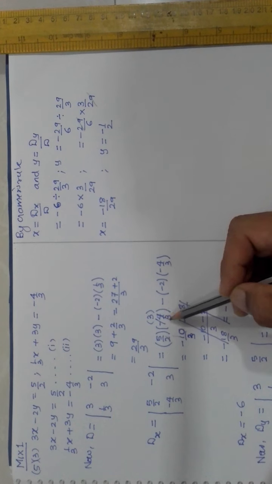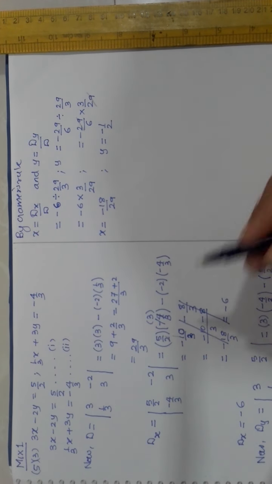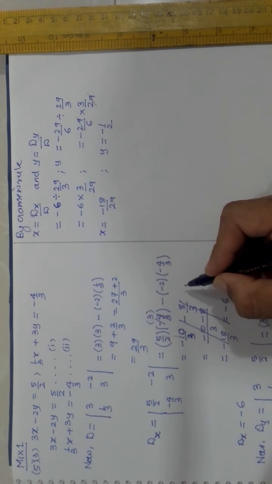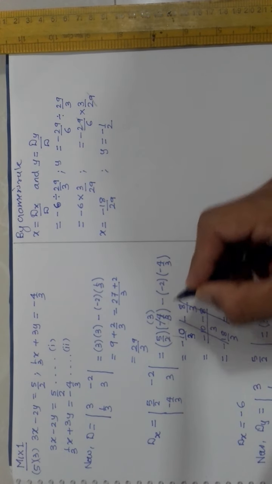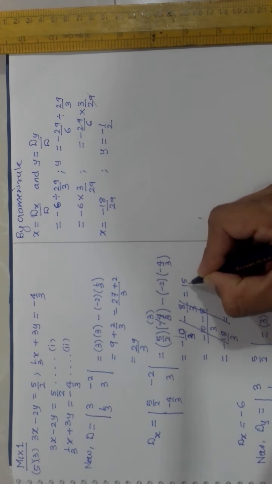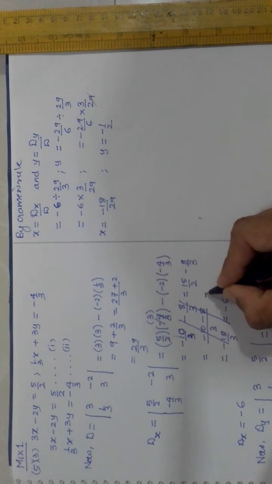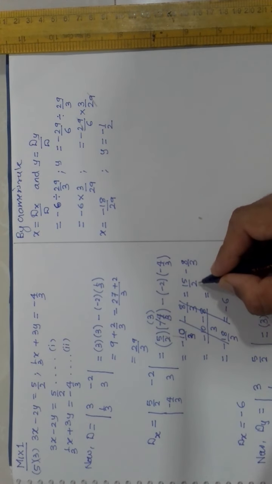So I have made the change over here as minus 4 by 3 replaced as 3. So you get, I have cancelled this, I am writing it beside it here. You can see here it is 5 3s are 15. So it is 15 by 2, and here this remains to be as minus 8 by 3. So this will become your denominators not same.